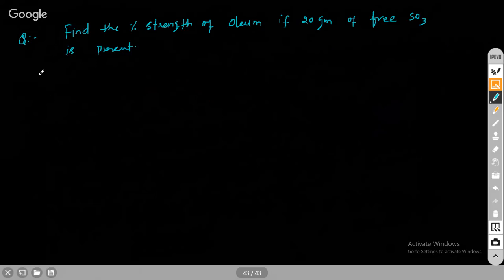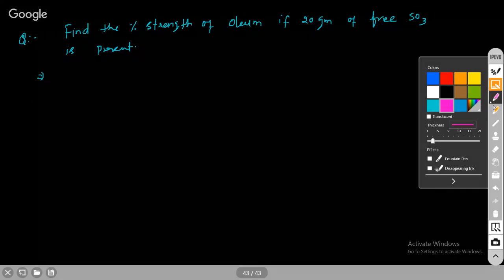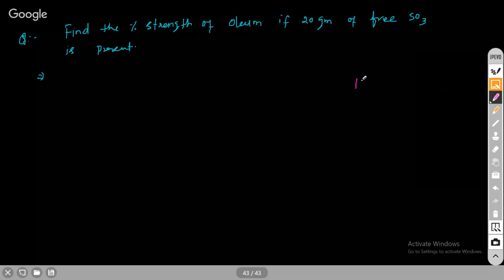See, in this question, we try to compare with the previous example. When we write 109%, what is the meaning of this? 100 gram of sample and 9 gram of water is required to react completely with free sulfur trioxide. This gives you 109.